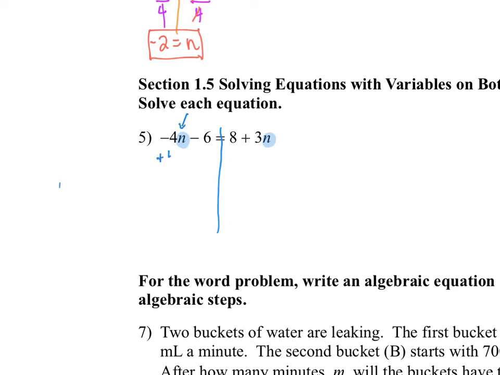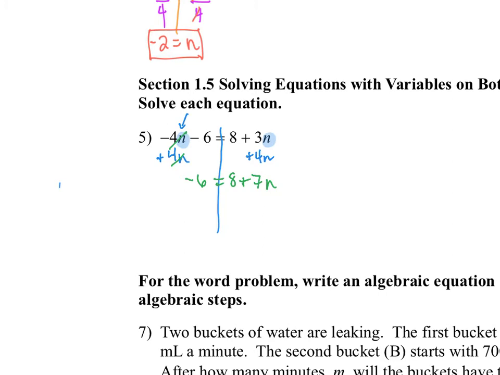So we're going to add the 4n to both sides so that we can get those variables together. Here I've canceled the 4n's. I've got -6 equals 8 plus 7n.